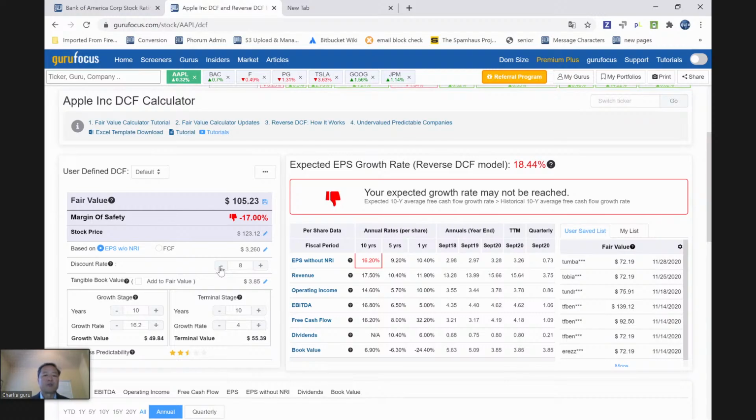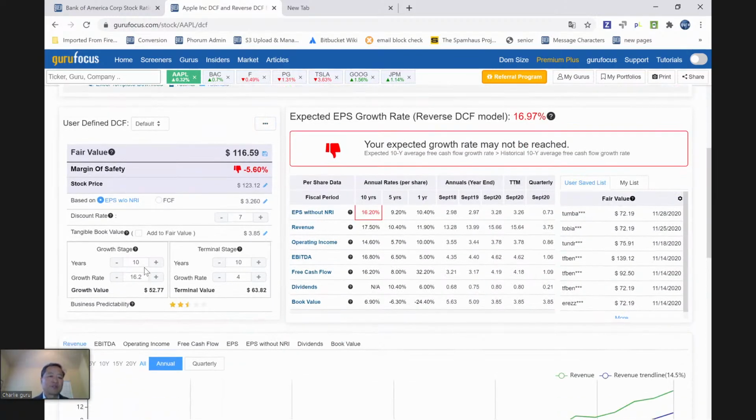It has a tremendous effect on the valuation. Interest rates are so low now, and we have defaulted to a 12% discount rate, but currently I think you can go lower with the discount rate because interest rates are so low now. That's one parameter I think you should adjust.